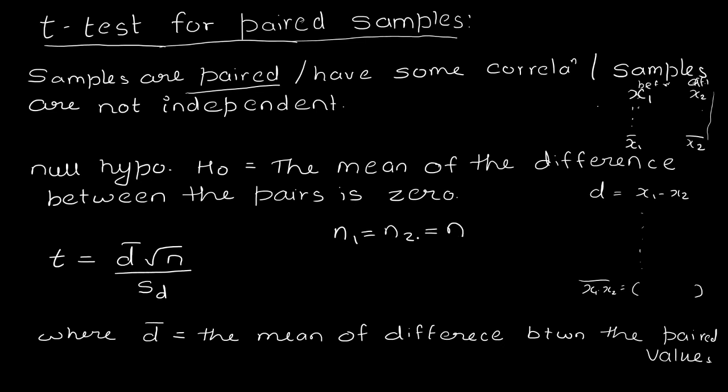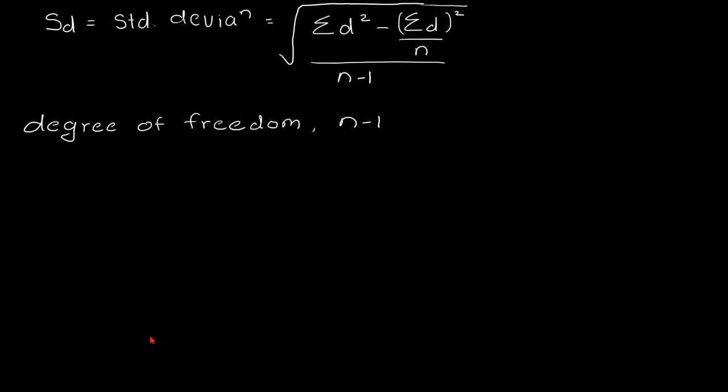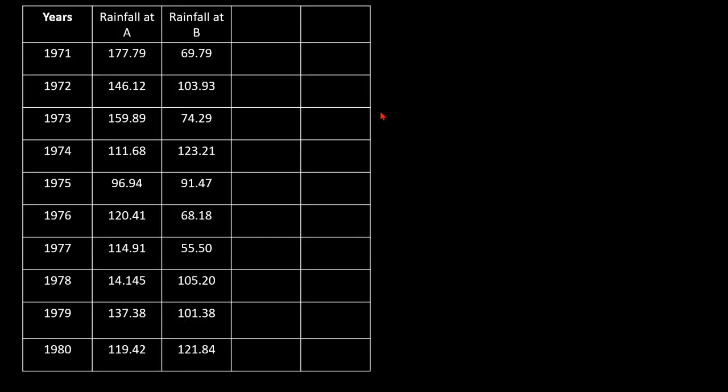The standard deviation SD here is defined slightly differently: the square root of summation d square minus summation d the whole square upon n, divided by n minus 1, where d is x1 minus x2. The degree of freedom is n minus 1. Once these are known, the rest follows as in the previous case.